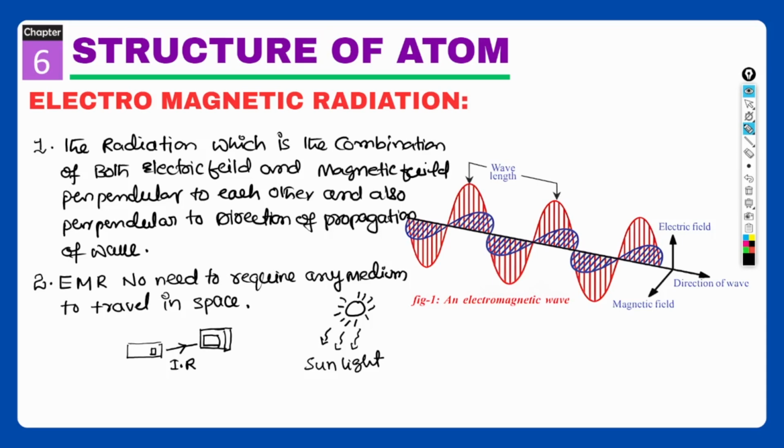Now coming to the third point, a very important point. Different electromagnetic radiations have different wavelengths. Different electromagnetic radiations have different properties.